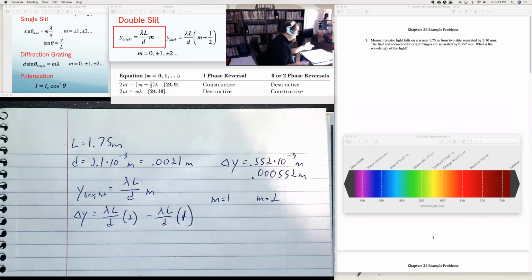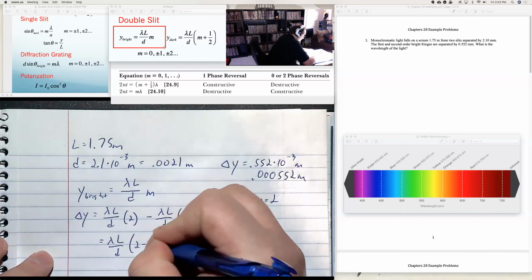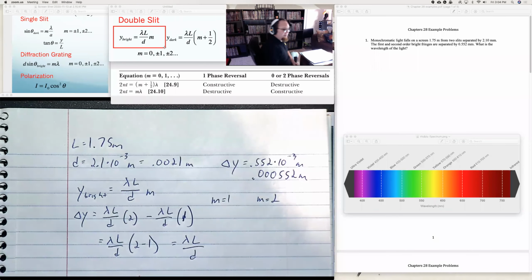If I factor this out, this is equal to lambda L over d times (2 minus 1), which is just lambda L over d. They're all going to be equally spaced. And so the space between two fringes would be the same as the space from the 0 to the 1.